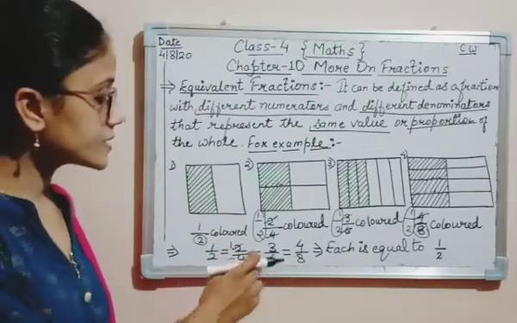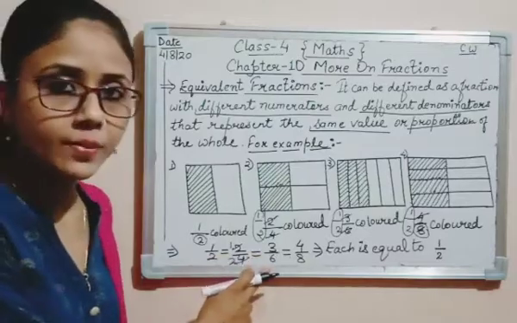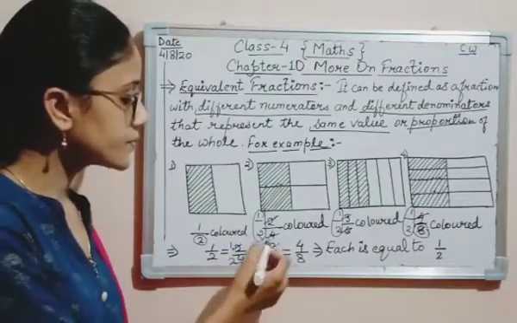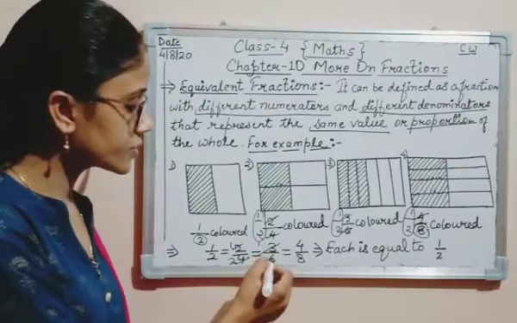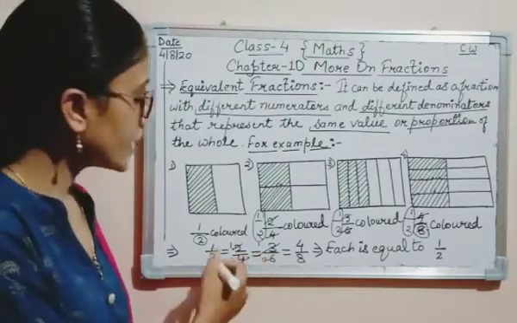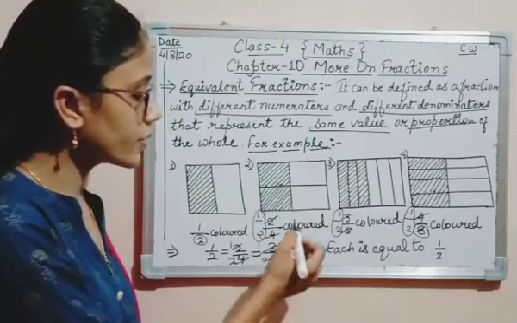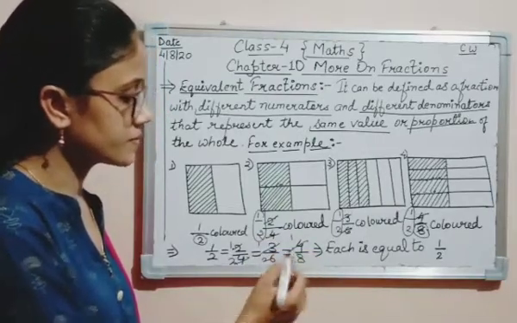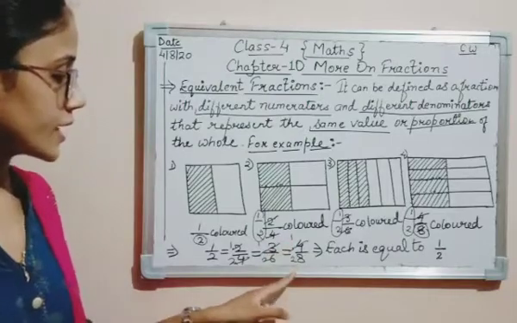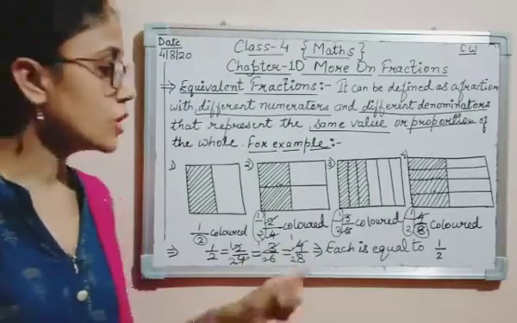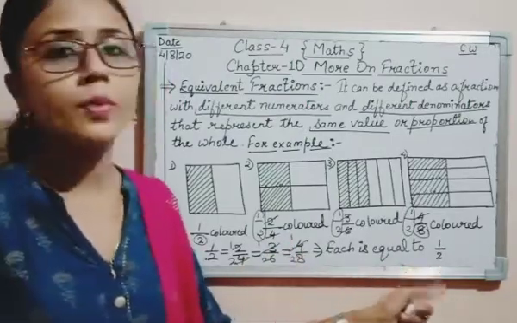Then again, 1 upon 2 is equal to 3 upon 6. Why is it equal? 3 1s are 3, 3 2s are 6. Here 1 upon 2 is equal to 4 upon 8. 4 1s are 4, 4 2s are 8. Again it is 1 upon 2. So each is equal to 1 upon 2.